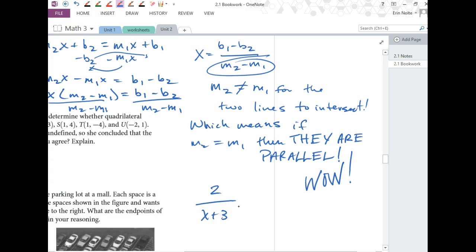That whole idea comes into play with the x value that we just got. We can't divide by 0. That means that m sub 2 cannot equal m sub 1, and therefore they cannot be the same slope, which proves that if they're going to intersect, they have to have different slopes. Does that kind of make sense? Awesome. That was a crazy proof.